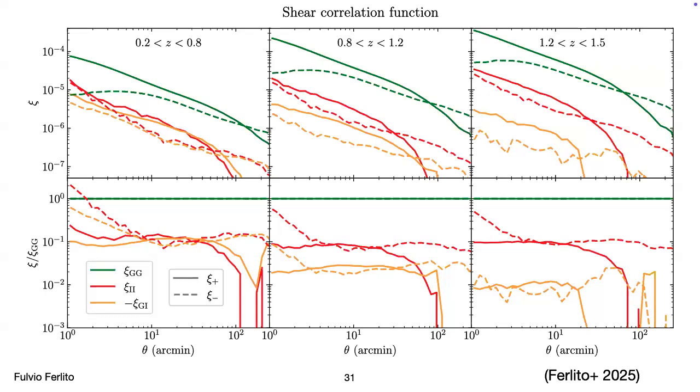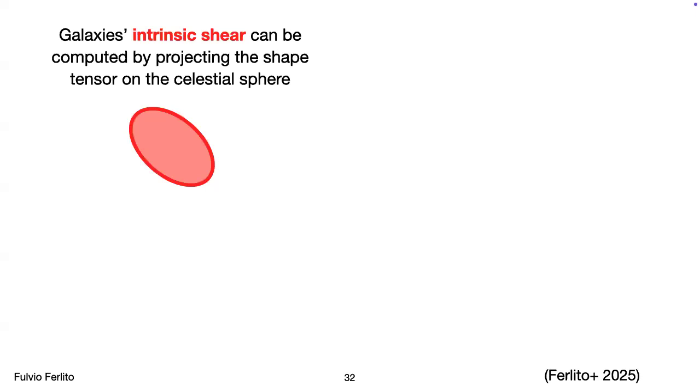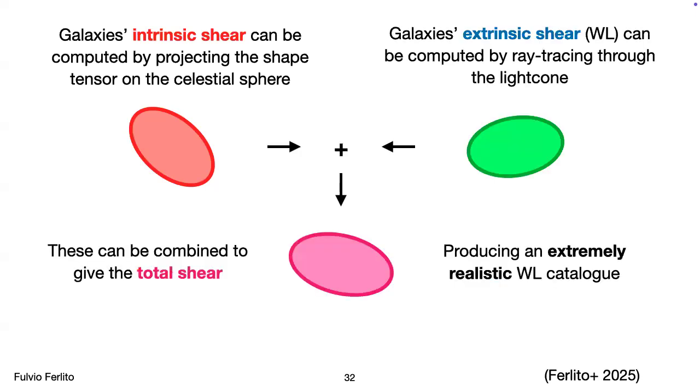Now that we looked at the single components, gravitational shear and intrinsic shear, the next step is that we have computed one and the other, so now we bring them together. We add the 2 components in the regime where these 2 shears are not super strong, where the images are still reasonably circular.